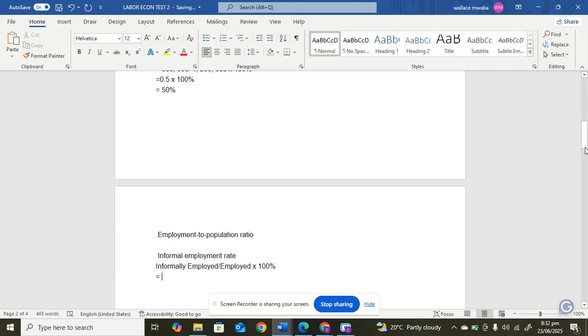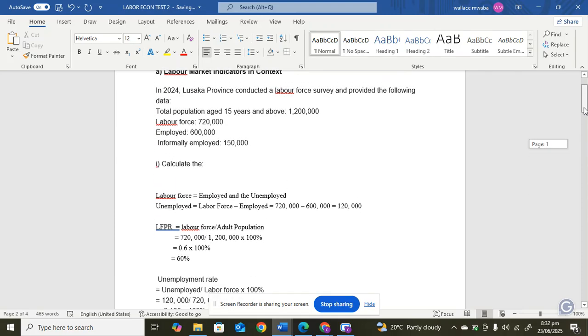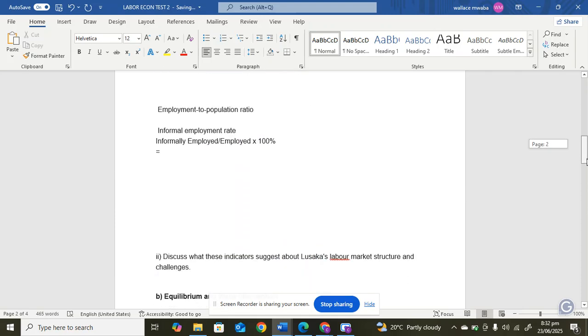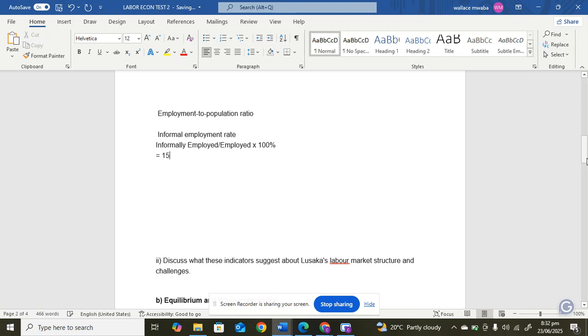We've been told the informally employed constitute 150,000, and the employed 600,000, times 100%.